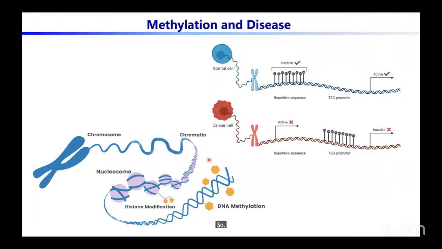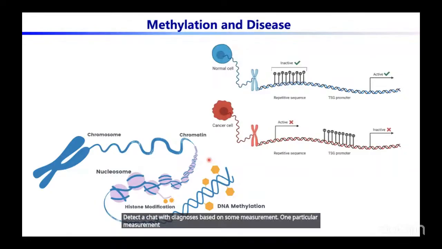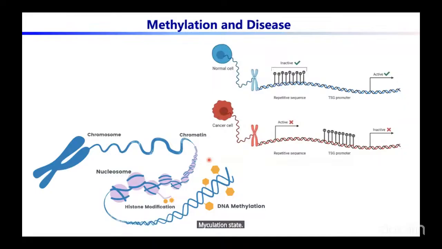First, we look at the application of disease diagnosis. There are some molecular techniques that people can use to try to diagnose disease based on some measurement. One particular measurement is the methylation state of the DNA of the patients.